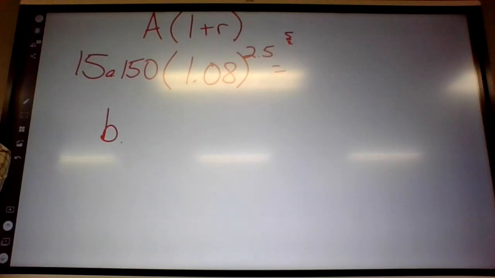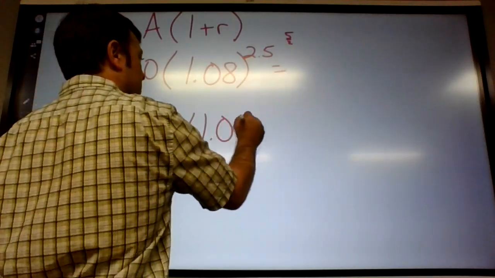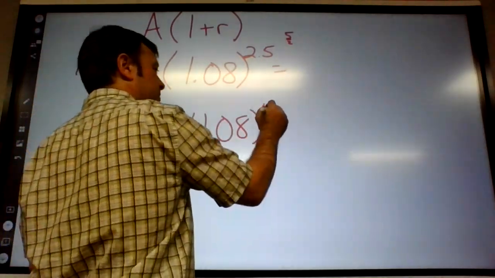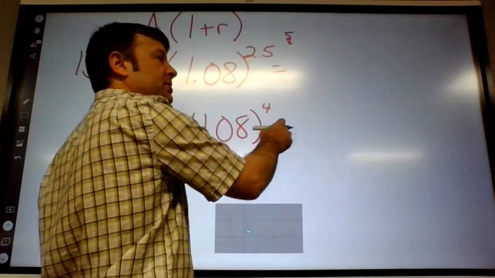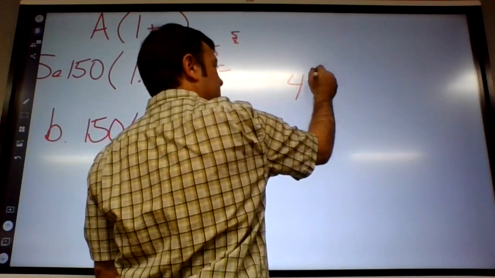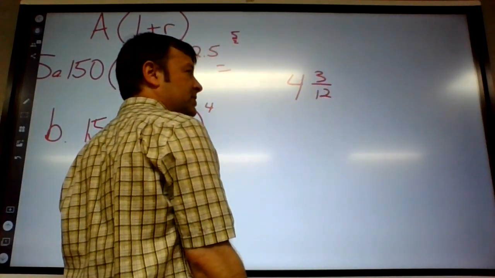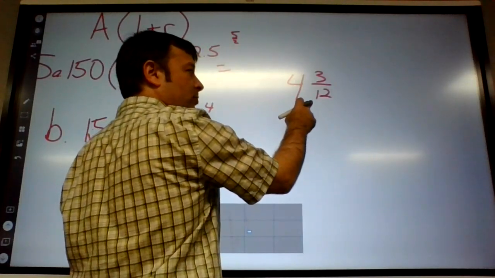There's a B? Yep. B is the same thing except it's 4 years and 3 months. 3 months, you could say is 3/12 of a year, because there's 3 months out of 12 months. But that reduces to 4 1/4.